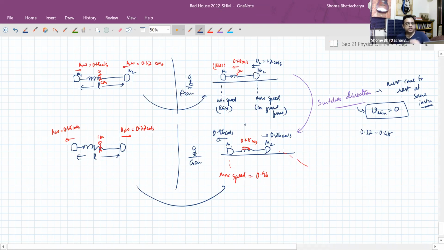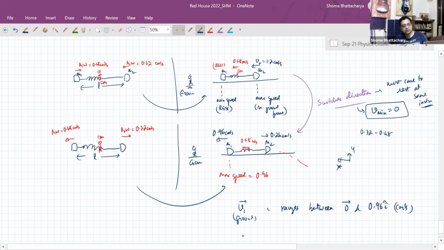So if you take this as your x-axis, the velocity of the first block in the ground frame ranges between 0 and 0.96 i cap centimeters per second.